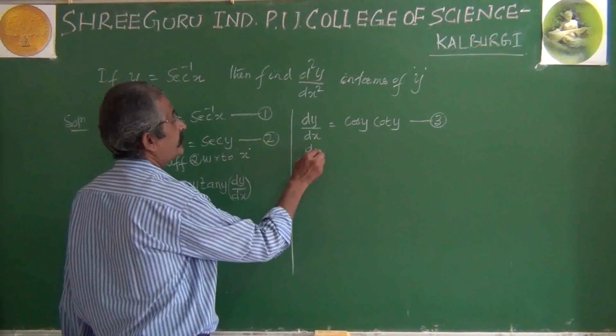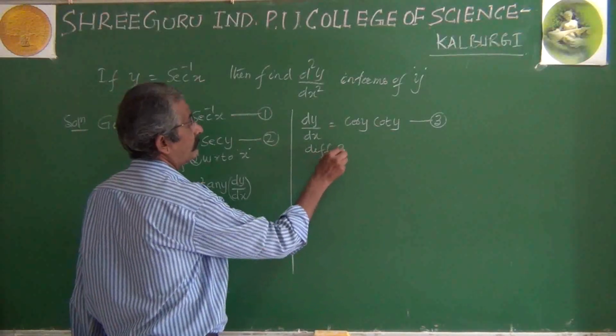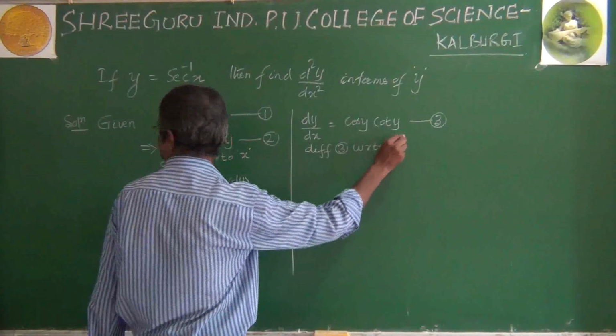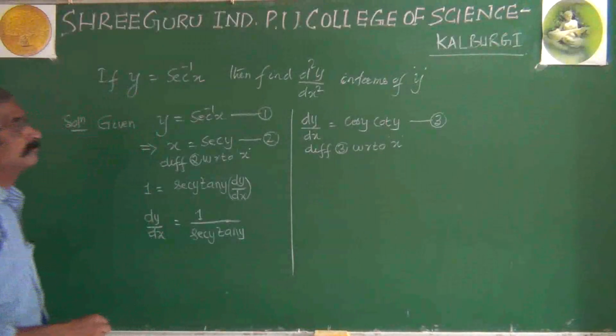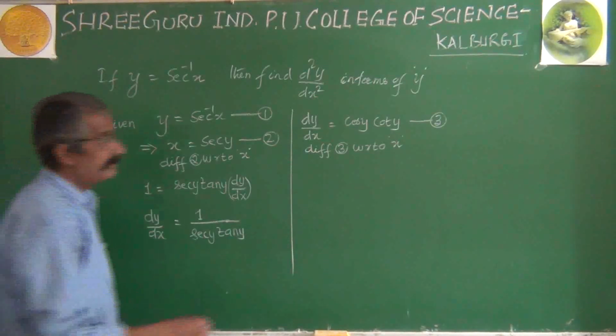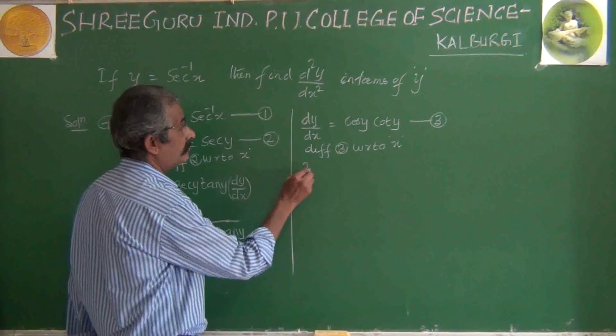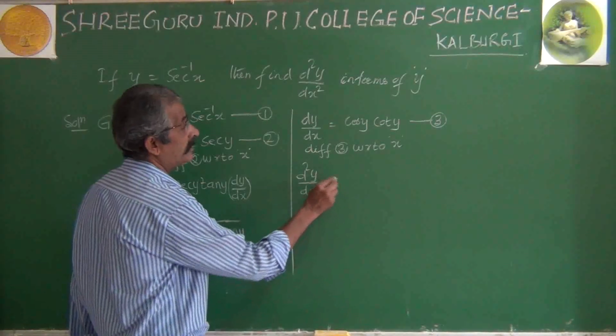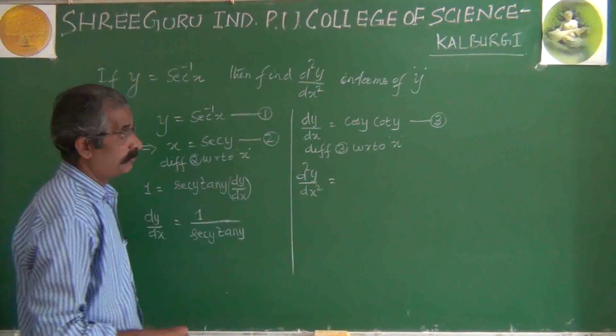Now differentiate 3 a second time. On differentiating 3 with respect to x, the left side is d2y by dx2, but on the right side we need to apply the product rule.